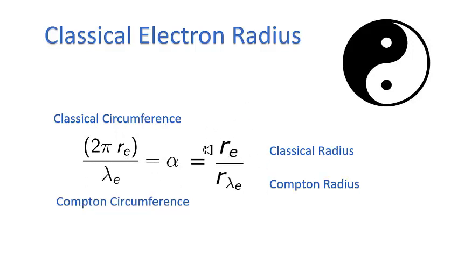You get the original classical electron radius divided by what would be the reduced Compton wavelength, which is the Compton wavelength, the circumference of the circle, divided by 2 pi to get the radius of this circle of my system. And so this is actually much simpler to look at.